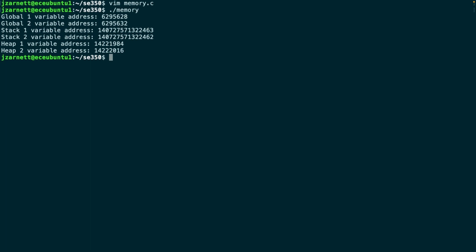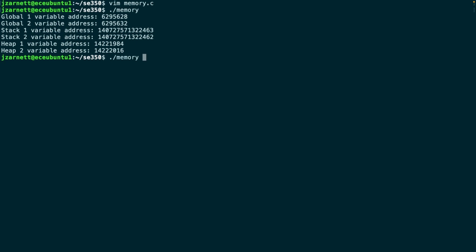The stack variables, because they're chars, there's 1 byte difference between them. And the heap allocated memory, I mean, they're close by, right? It ends 1984 and 2016. Maybe we shouldn't get superstitious about those years. But we'll notice there's a couple of spaces between them, even though we allocated some characters.